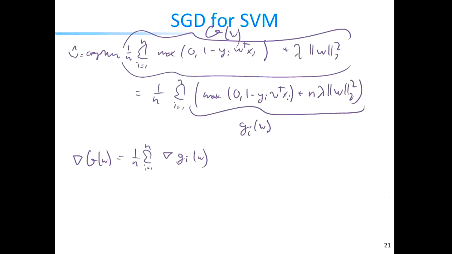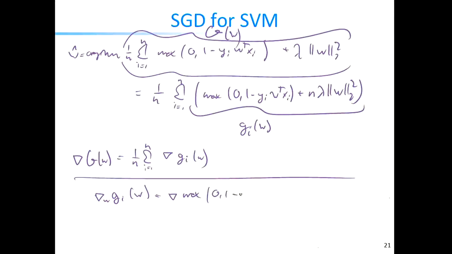So the only thing we need to do is work out the gradient of this g_i. Well, first of all, this is the gradient of the loss, plus the gradient of the regularizer.